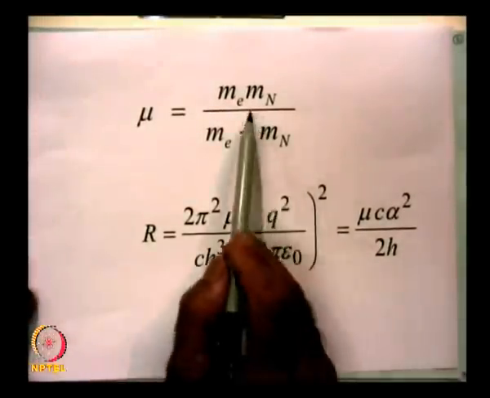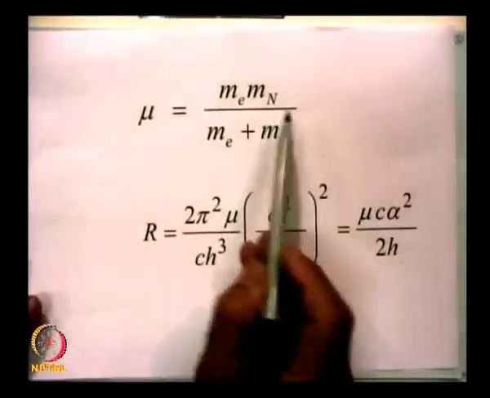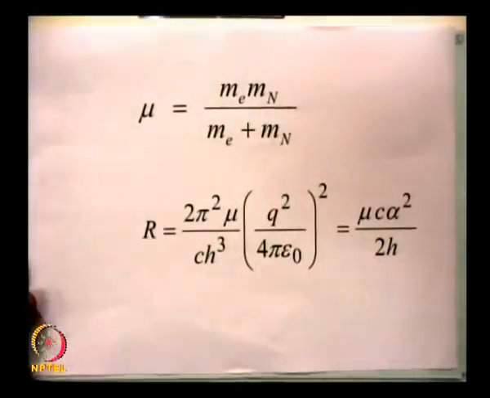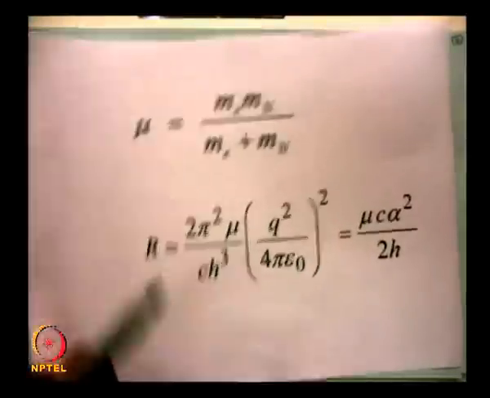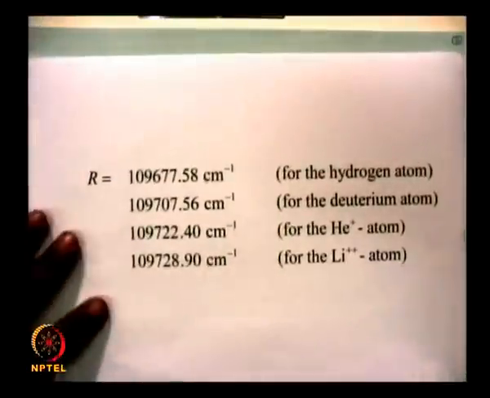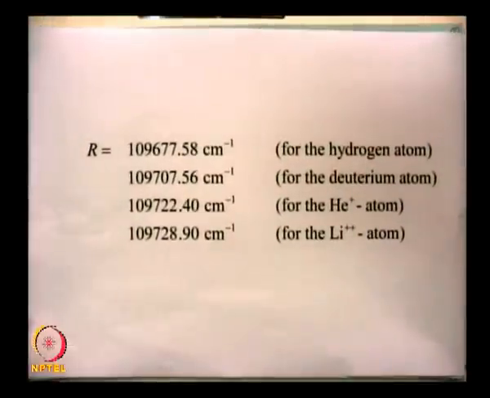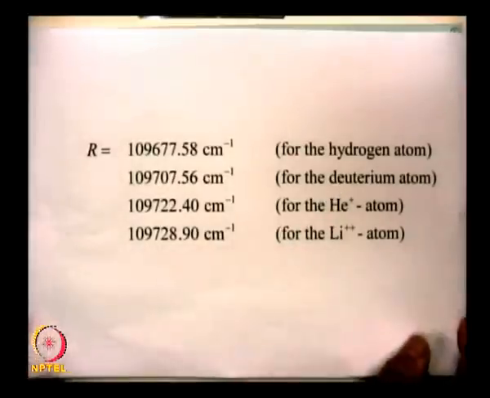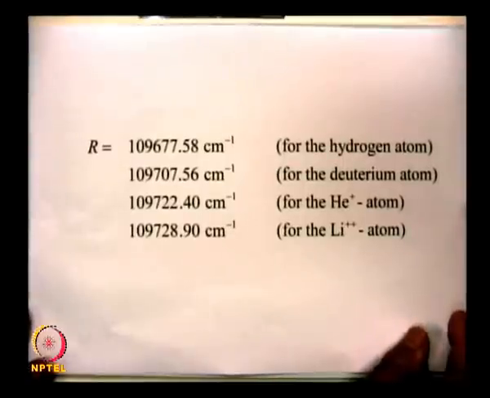And since for different one electron atoms, the mass of the nucleus is slightly different, the Rydberg constant is also slightly different. In fact, we had mentioned that for the hydrogen atom, the nucleus consists of just the proton; in the case of the deuterium atom, the nucleus consists of a deuteron, 1 neutron and 1 proton.